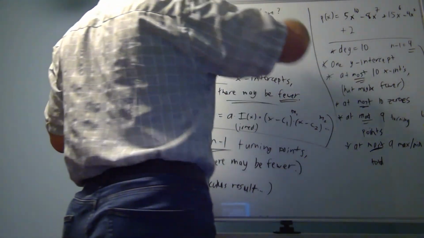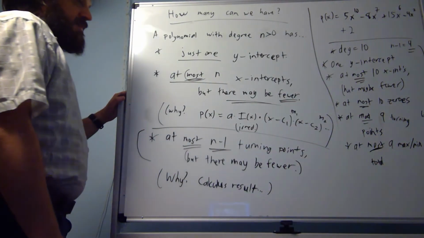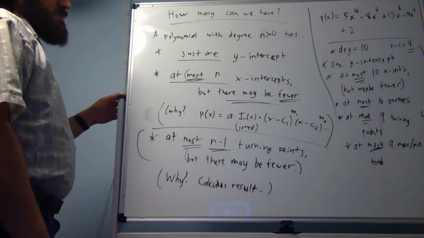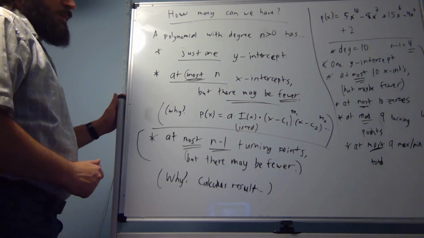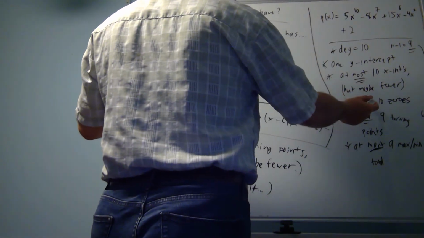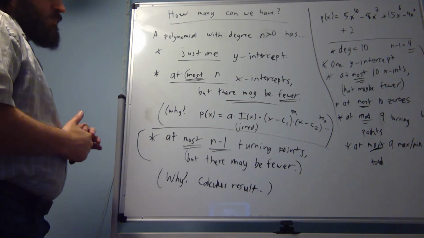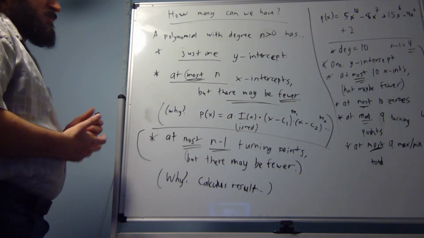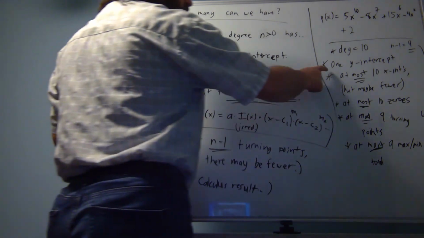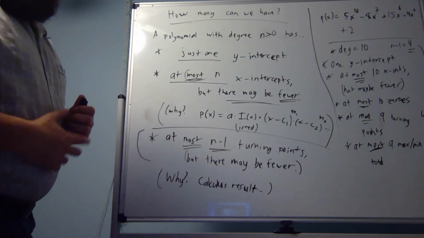It can only go down and then up again. It can only hit 9 turning points total. Probably fewer, but it might hit 9 of them. It might cross the x-axis 10 times, but possibly fewer than that. And it's going to cross the y-intercept. And that's kind of everything.